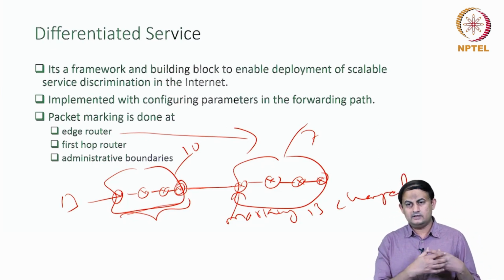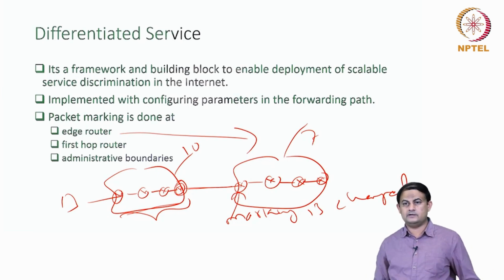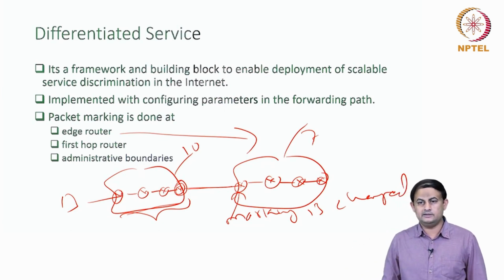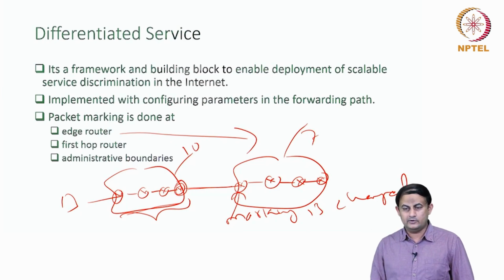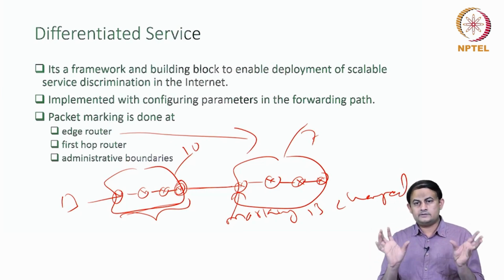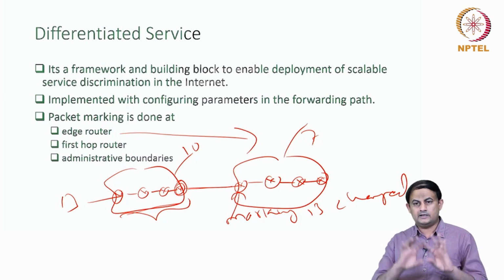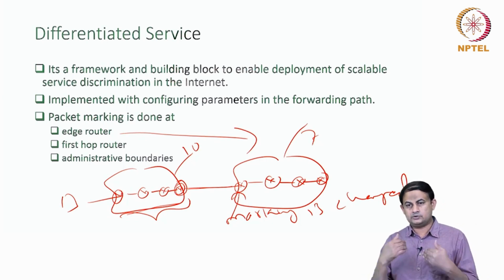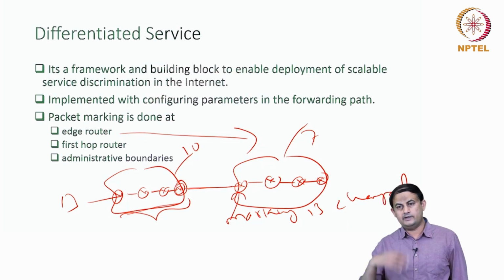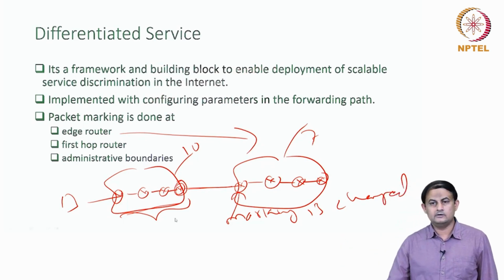If the marking is the same in the first network and the second network, then no remarking is required. If a number of the quality of service parameters are different, then you require remarking at the boundary of the second network. So the marking is valid only within the administrative boundary of one network, and you need to find a mapping between the first level marking and the second level when it crosses into another network.